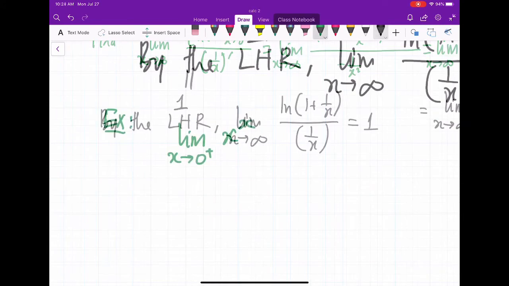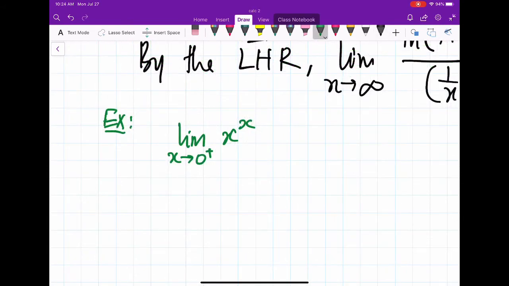All right, I hope you still remember this function, x to the x. We met this function when we study applications of logarithmic functions. Like if you have function y equal to x to the x and you want to find the derivative, right?